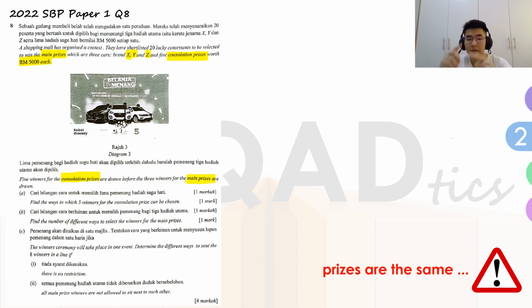For example, if the first contestant receives the first consolation prize, and the same contestant receives the second consolation prize, these two possibilities are actually the same because the consolation prize is the same. So we don't need to know which winner got which prize.